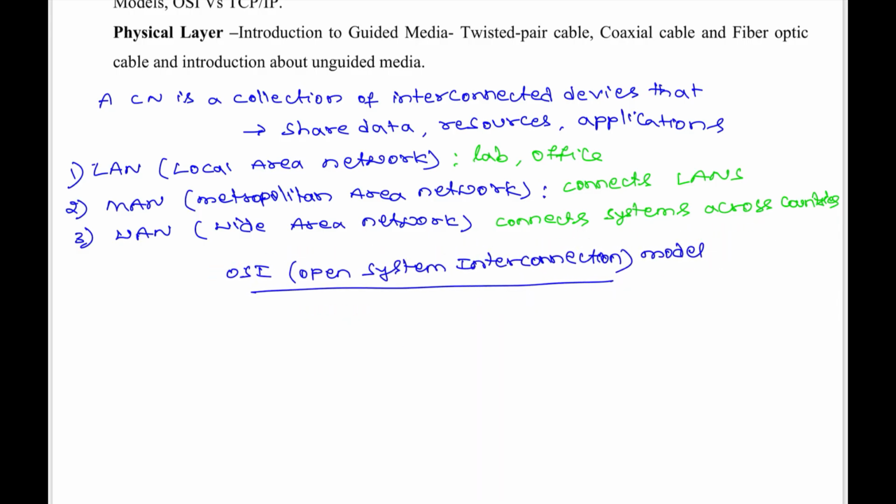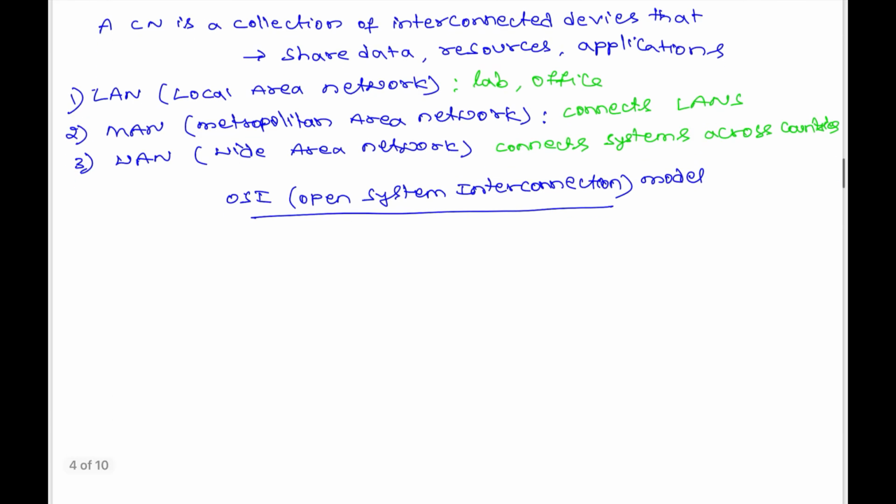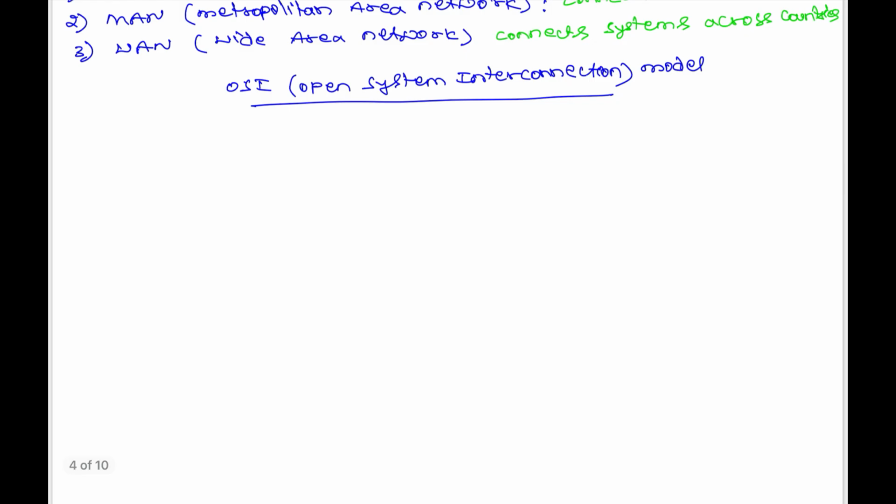Actually, this OSI model defines 7 layers from physical transmission to application level interactions. In this OSI model, we have the 7 layers, each layer and its function. Try to remember these layers.